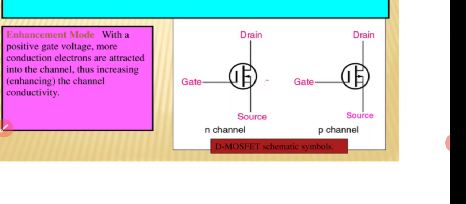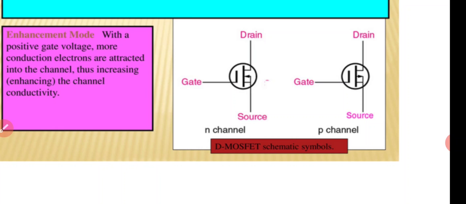It is shown in the figure, P channel and N channel. The only difference between P channel and N channel is the direction of the current. In N channel, current direction is from drain to source, and in P channel, current direction is from source to drain.